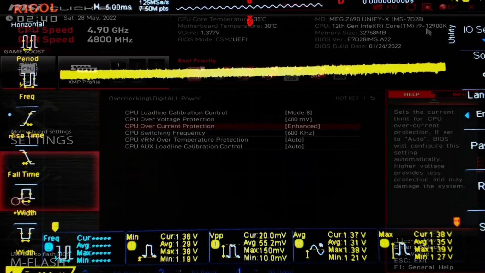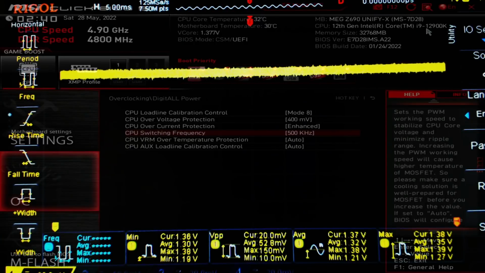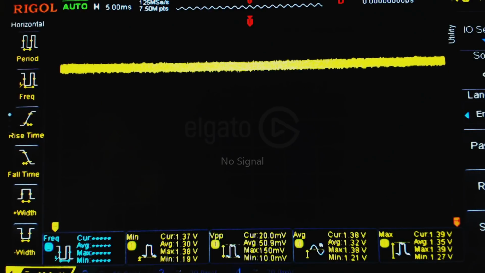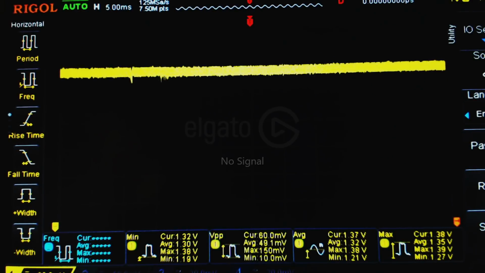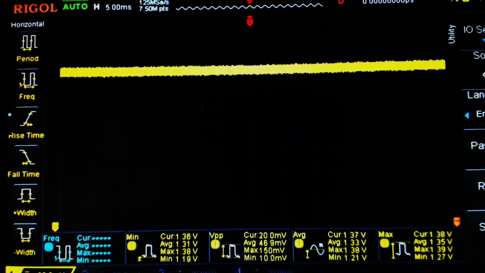So this is really interesting. Gigabyte actually uses the same voltage regulator control chip. This is a Renesas RAA229131, I think. Yeah, RAA229131.